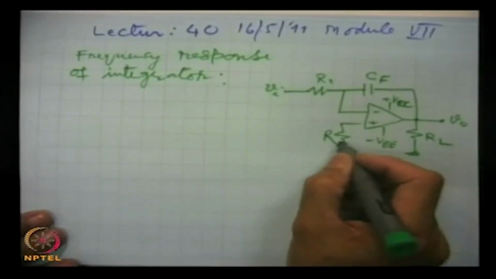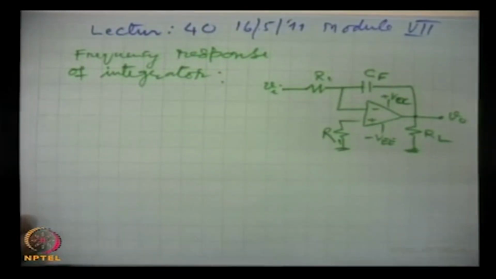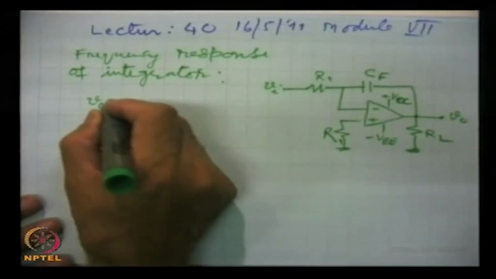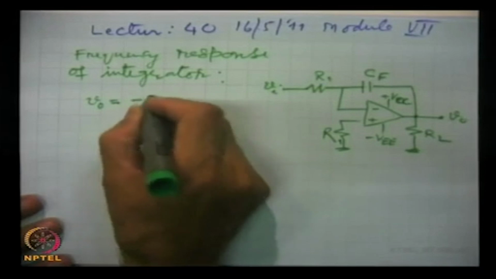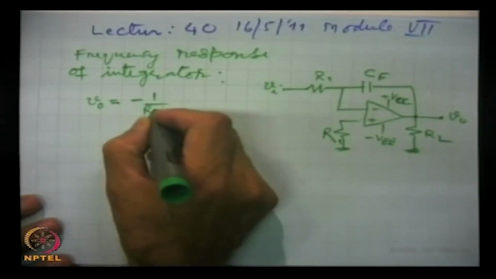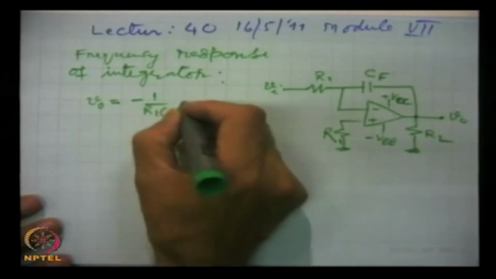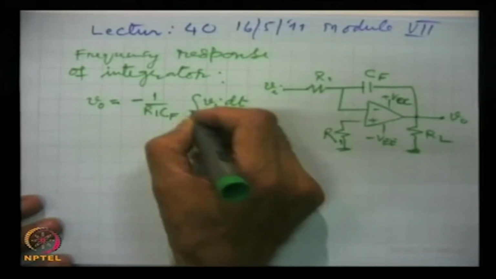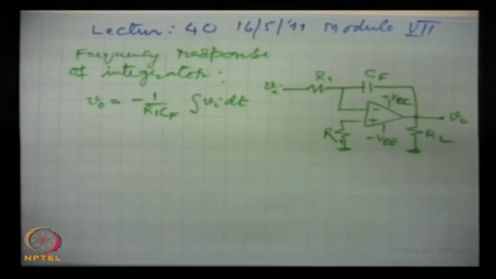So, this is around R1, and we have seen that the output of this is minus 1 by R1 Cf integration Vi dt, where Vi is the input signal.